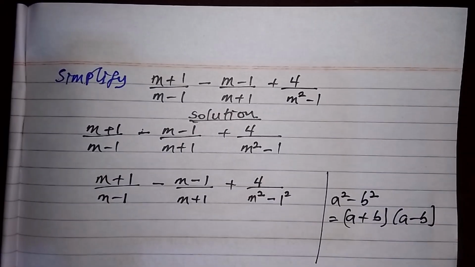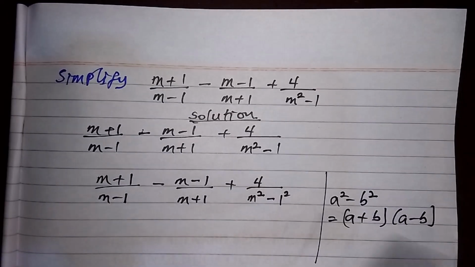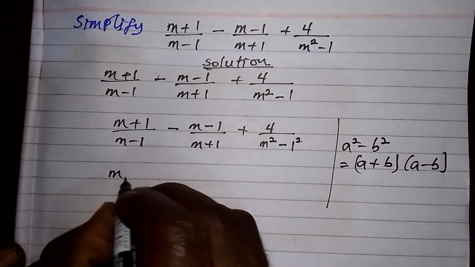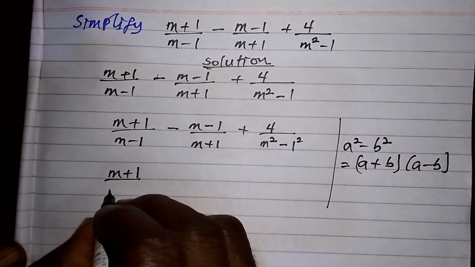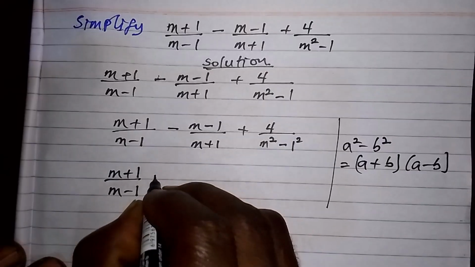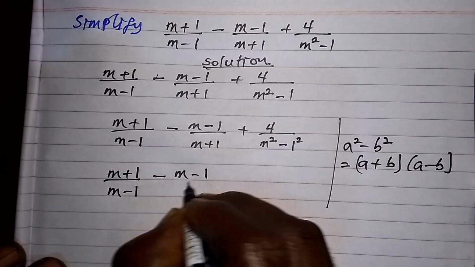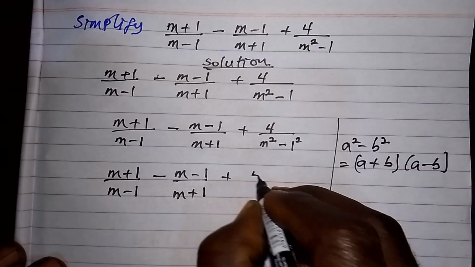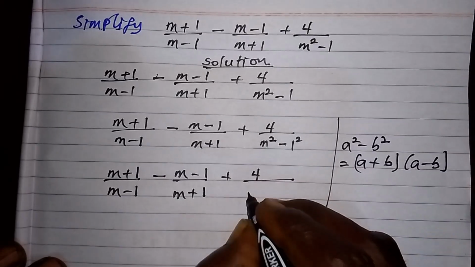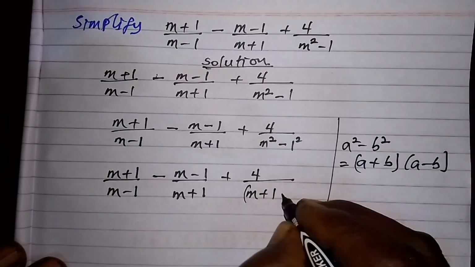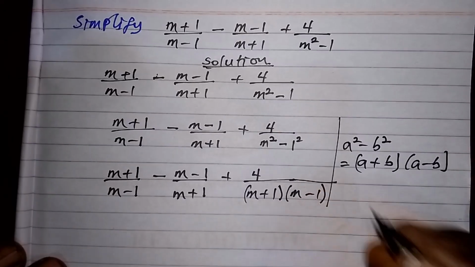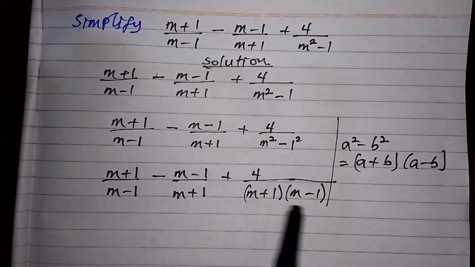So we are applying this in this denominator here. So this is going to give us (m plus 1) over (m minus 1) minus (m minus 1) over (m plus 1) plus 4 all over (m plus 1)(m minus 1).